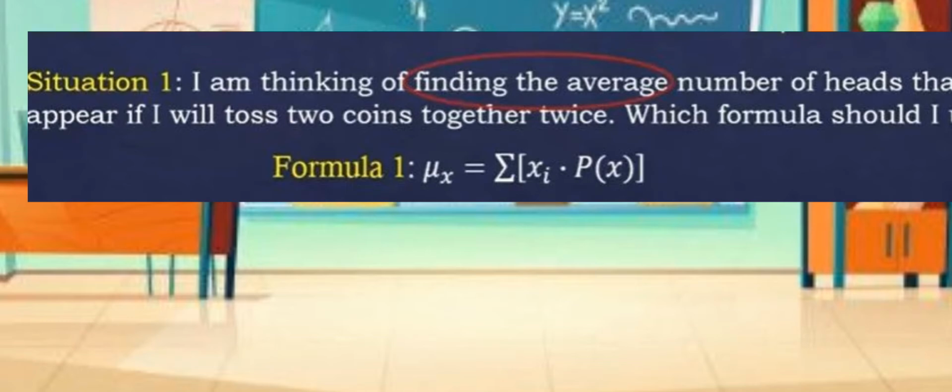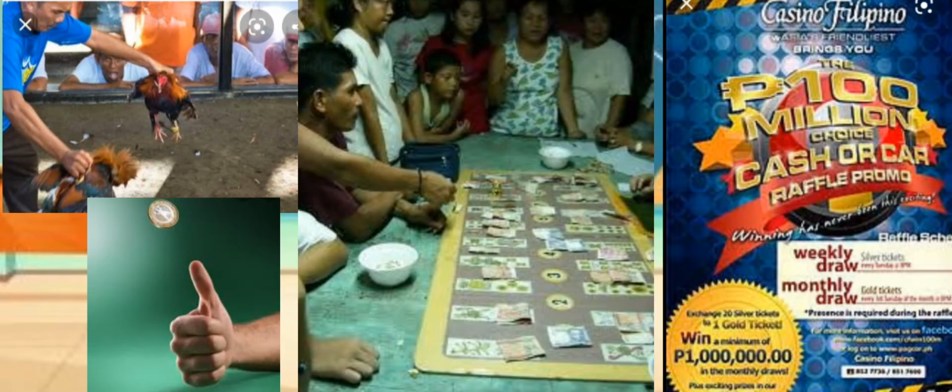I am thinking of finding the average number of heads that would appear if I will toss two coins together twice. Which formula should I use? Very good. The answer is mean is equal to the summation of x sub i times p of x.